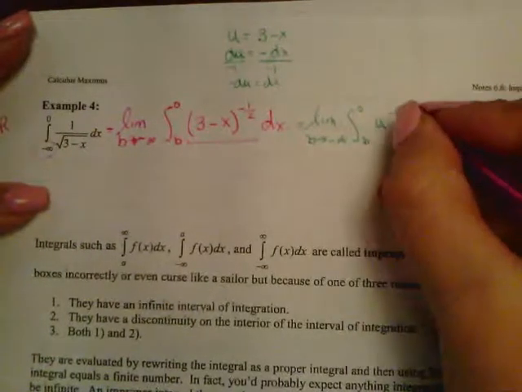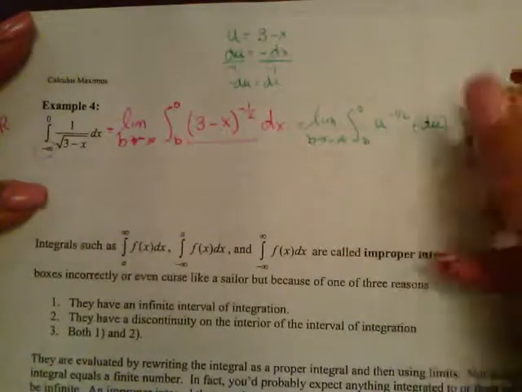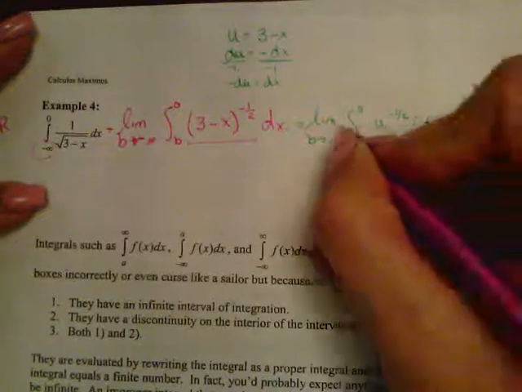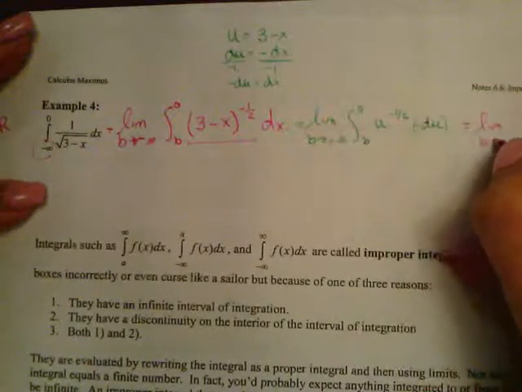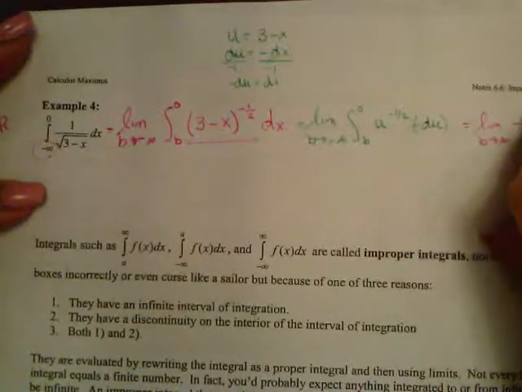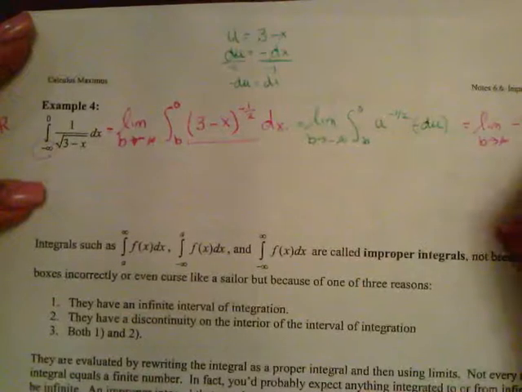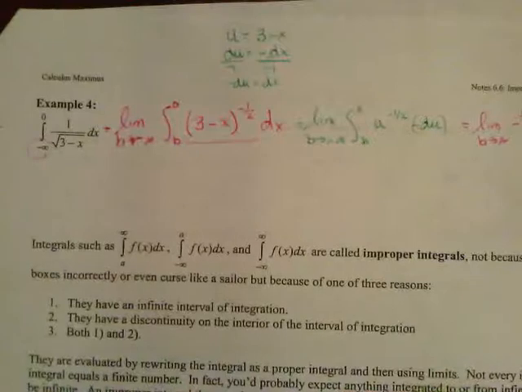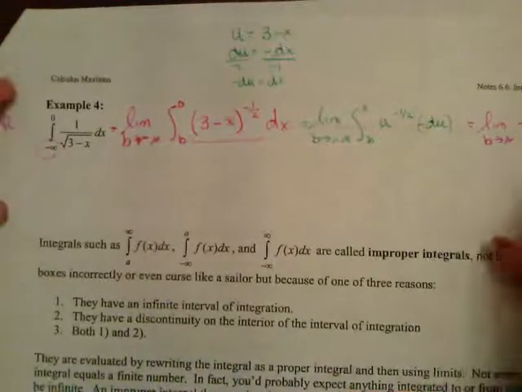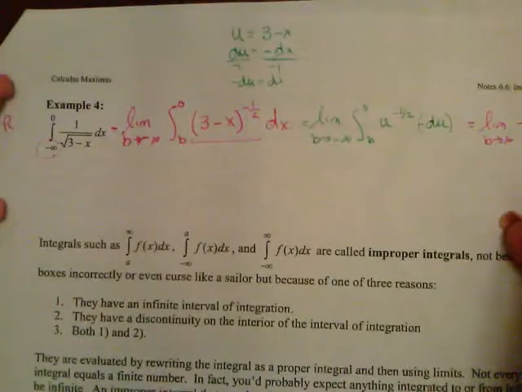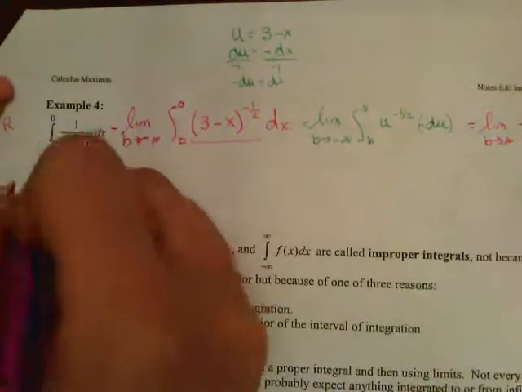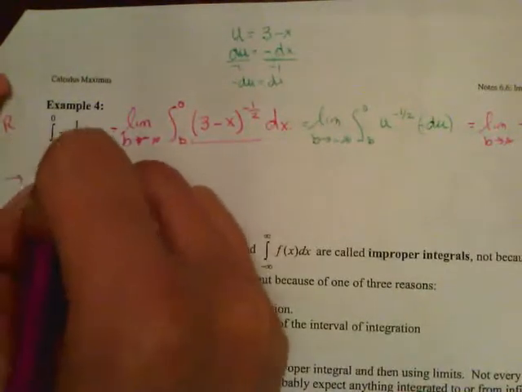And now we know how to integrate this. So I'm just going to keep going. I'm going to pull that negative out. So this is the limit as b approaches infinity of negative b to u of u to the negative 1/2 du. So can we integrate this? Of course we can. So when you integrate u to the negative 1/2, I'm just going to come over here.